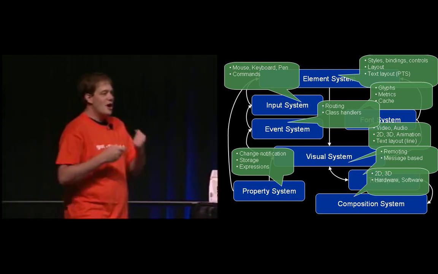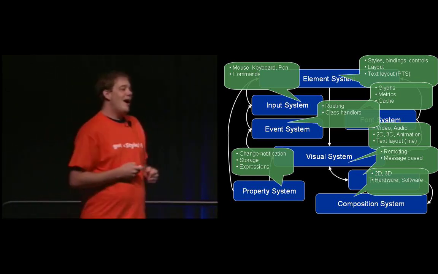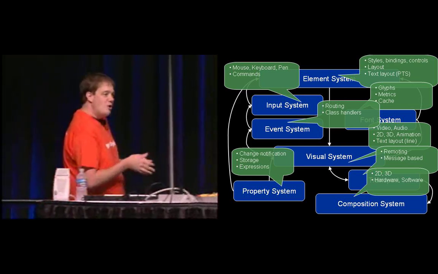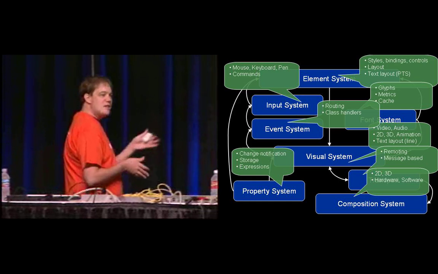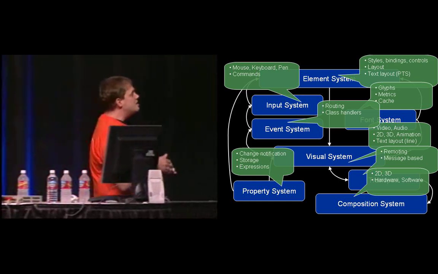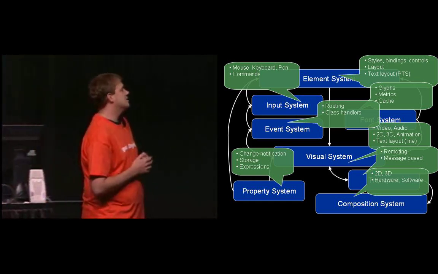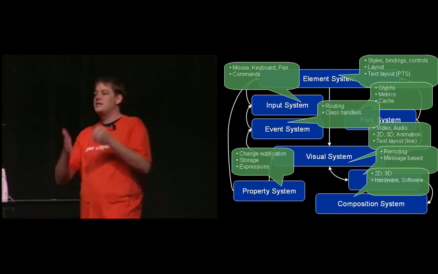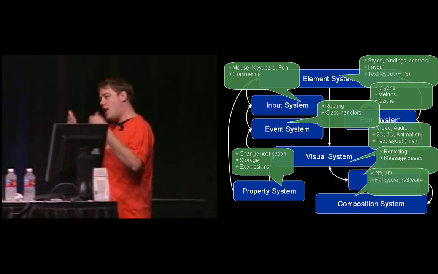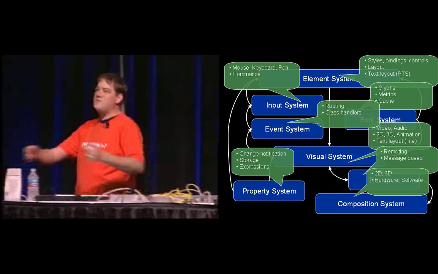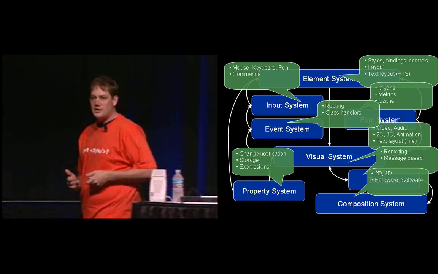What it really does is talk to this transport, which is a remoting protocol that takes messages and can transfer them across a boundary. It communicates to the composition system, which is the true deep workhorse. This is the thing that actually says, I'm going to calculate all the pixel colors, and I'm going to do the rasterization of the lines, and I'm going to take that shape you gave me and create a bunch of triangles.